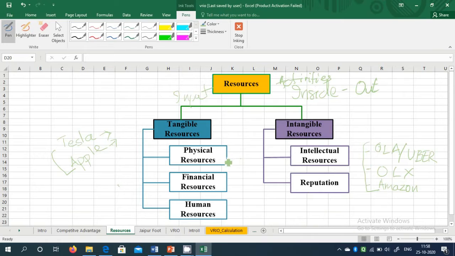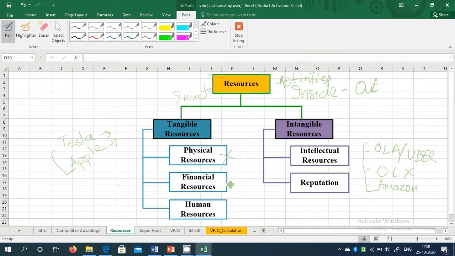When we say that it is an inside out approach, at that point of time, if you are having some physical resources, like some machinery or plant facility, which your competitor cannot have. But whatever physical resources you are having, at some point of time your competitor or other players in the same market can also have these physical resources.